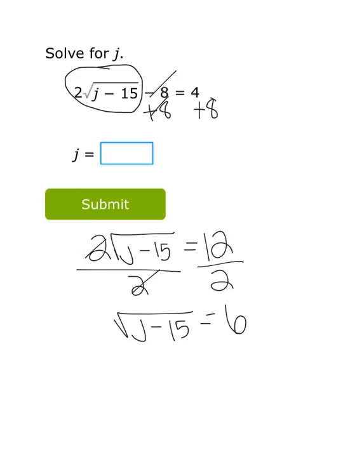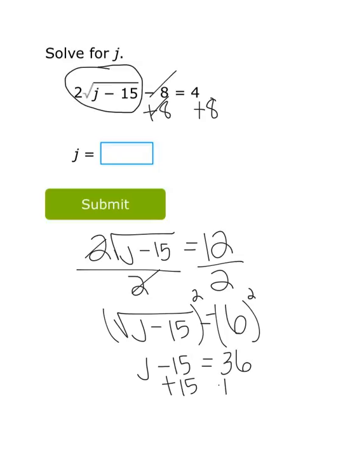In order to get j by itself, I need to get rid of this radical. So I would square each side, which would just leave me with j minus 15 equals 6 squared, which is 36. And then add 15, and I would be left with j equals 51.